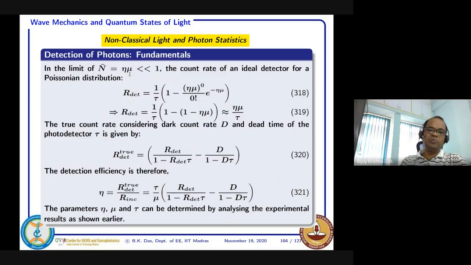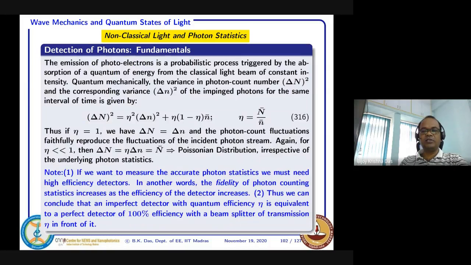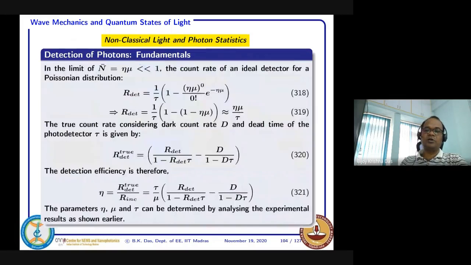Then eta times mu will be the average number of photons detected. That n bar we have discussed earlier, right? This n bar means eta times n bar. That is how we get this quantum efficiency. It is called intrinsic quantum efficiency, of course.